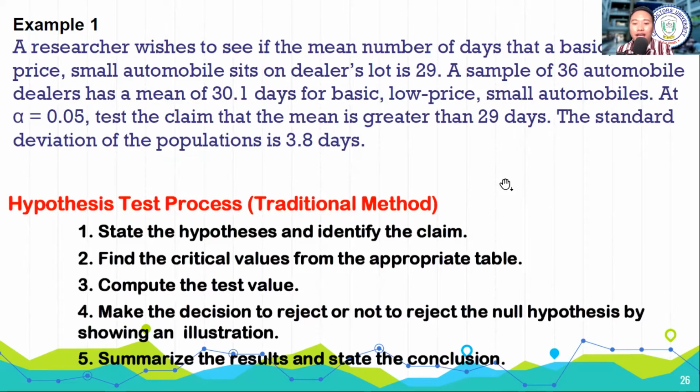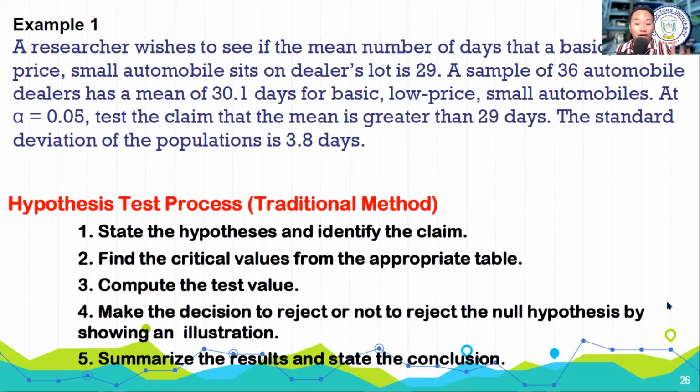All right. So here, I hope you can read everything, guys. A researcher wishes to see if the mean number of days that a basic, low price, small automobile sits on a dealer's lot is 29. A sample of 36 automobile dealers has a mean of 30.1 days for basic, low price, small automobiles.